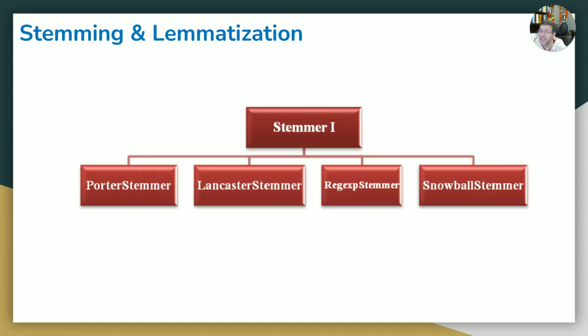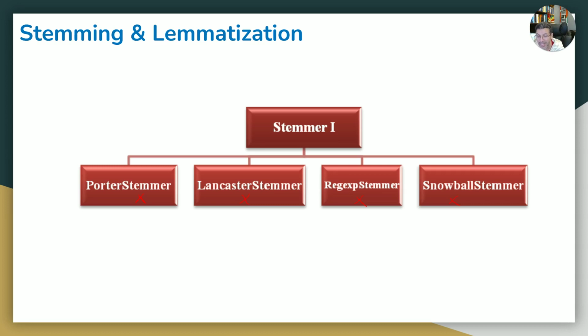In stemming, there are many types: Porter stemming, Lancaster stemming, regular expression stemming, and the Snowball stemmer. Which one to use? It doesn't really matter, but in general, just use one of them. I don't really know honestly what the application of each is.